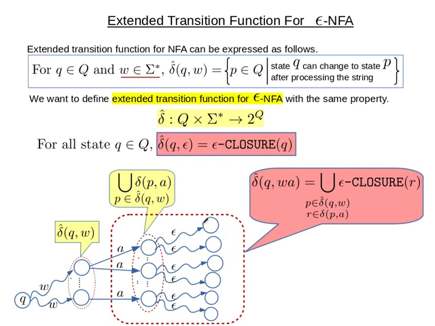So what will be these states? So this is precisely the epsilon closure of this state, right? So this is precisely the set of states that you can reach from this state without processing any input symbol. So this is the epsilon closure of this thing, this is the epsilon closure of this thing, right?